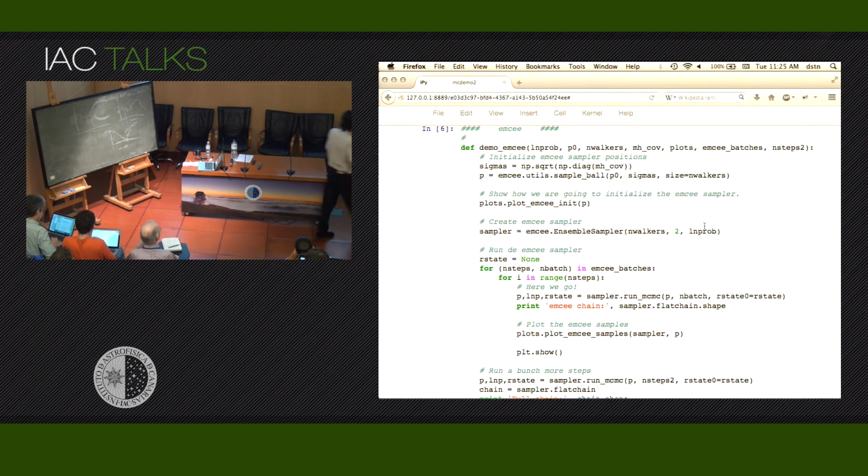So am I gonna go back or am I gonna redraw it? Okay, I'll just redraw it. We said imagine we had 4 walkers exploring a space.